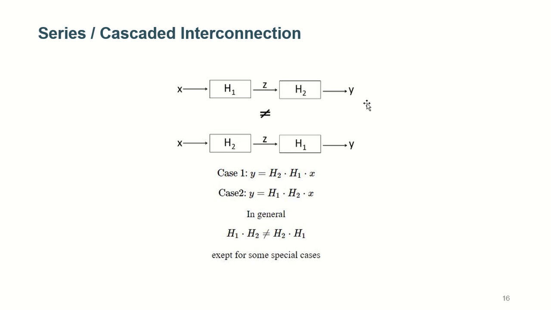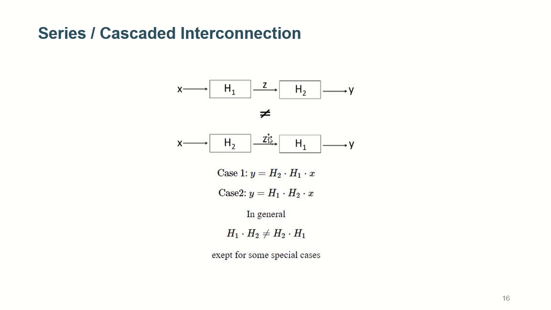But normally h1 dot h2 is not necessarily equal to h2 dot h1, because if h1 has some different values, some different parameters than h2, then the output z for this system will not be equal to the output z of this system.